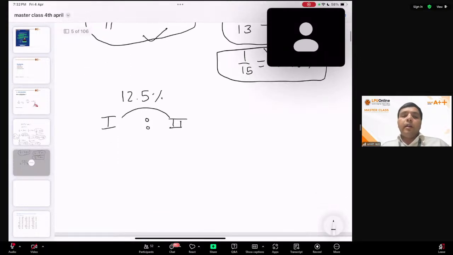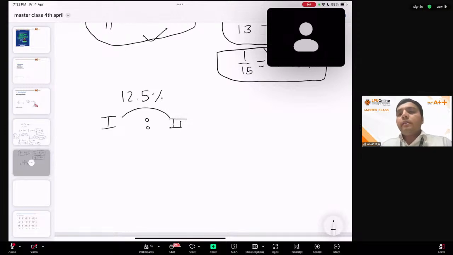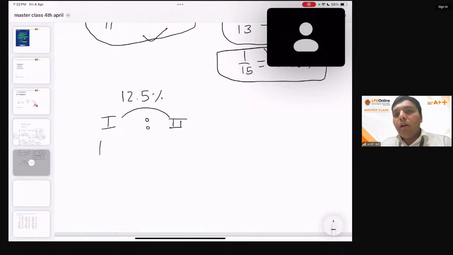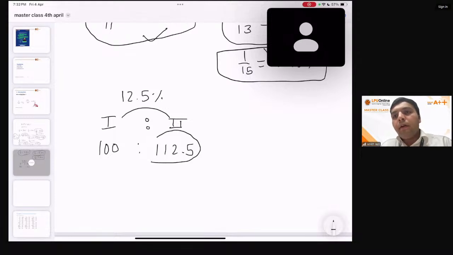What is the ratio of initial and final? Earlier, what you did was assume you have 100 rupees and it becomes 112.5, an increase of 12.5%. But 112.5 is a complex number and very difficult to calculate.